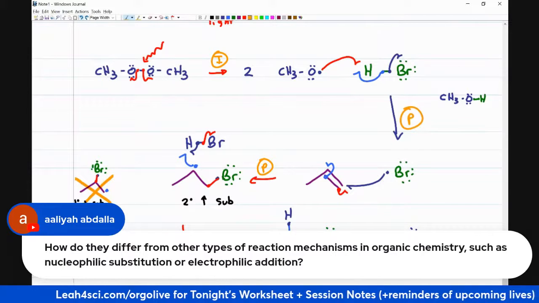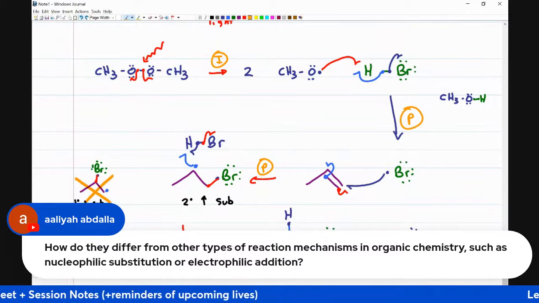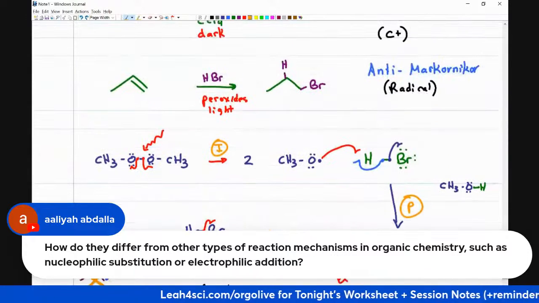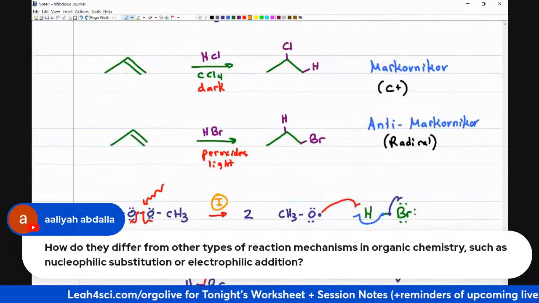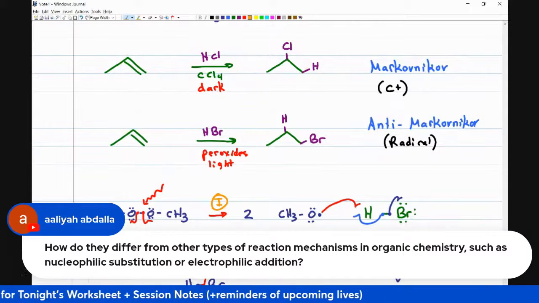Question: how do they differ from other types of reaction mechanisms in organic chemistry, such as nucleophilic substitution or electrophilic addition? In this case specifically, because we're adding HBr, this is an addition reaction, but this is a radical addition. The addition happens with a radical mechanism, whereas the dark reaction is an electrophilic addition.